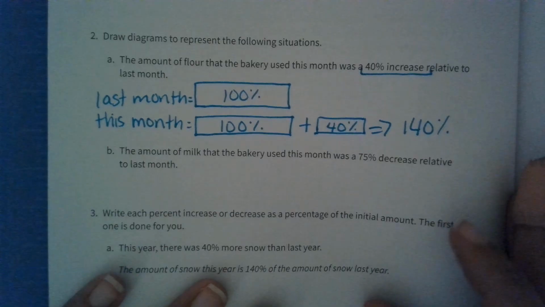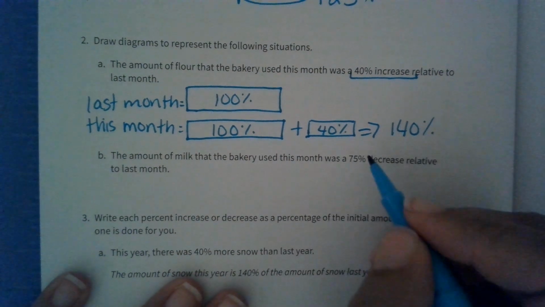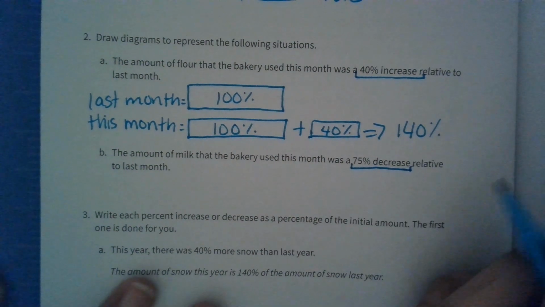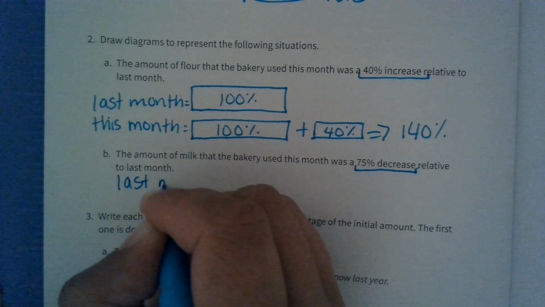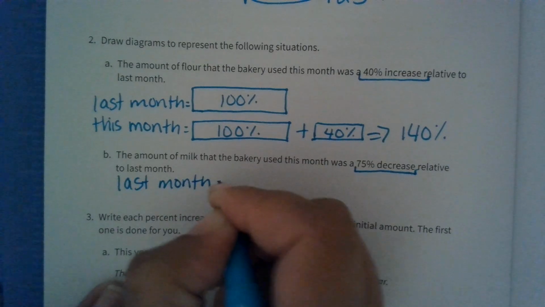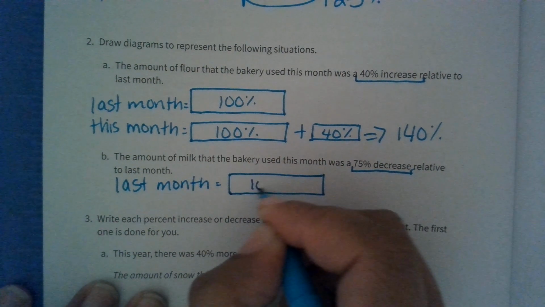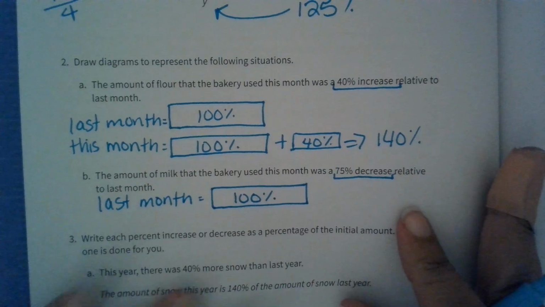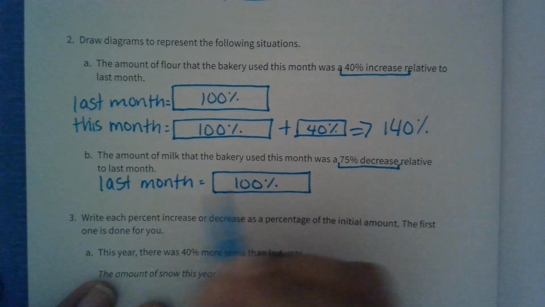All right. The amount of milk that the bakery used this month was a 75% decrease related to last month. So, okay, last month, you still have to start somewhere at 100%. So this whole thing is 100%. Okay. But if I have a decrease, I have to get rid of most of this.